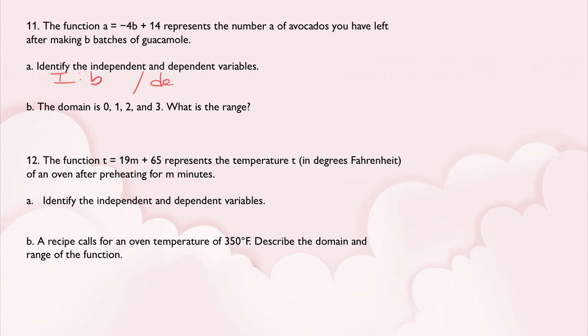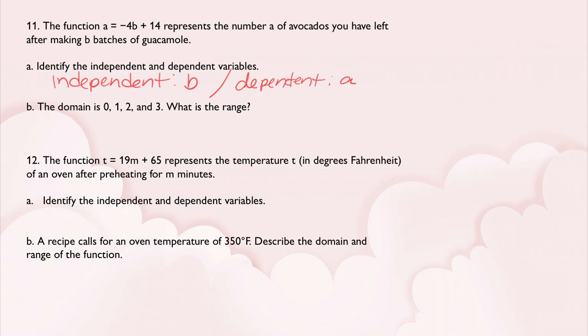You know what? Let me write it out completely so you guys can see it. So my independent is what? B, right? And what's my dependent? A is my dependent.